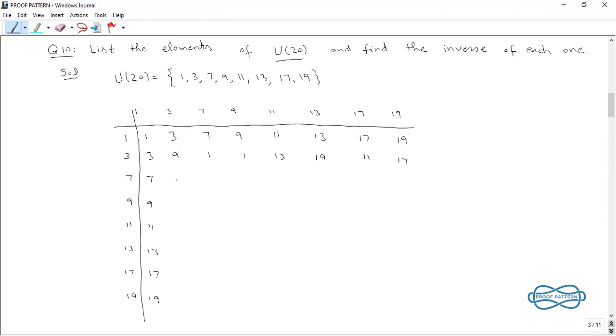And in the next row, it will be 17, 11, 19, and 13. And in the next row, it will be 7, 3, 1, 19, 13.